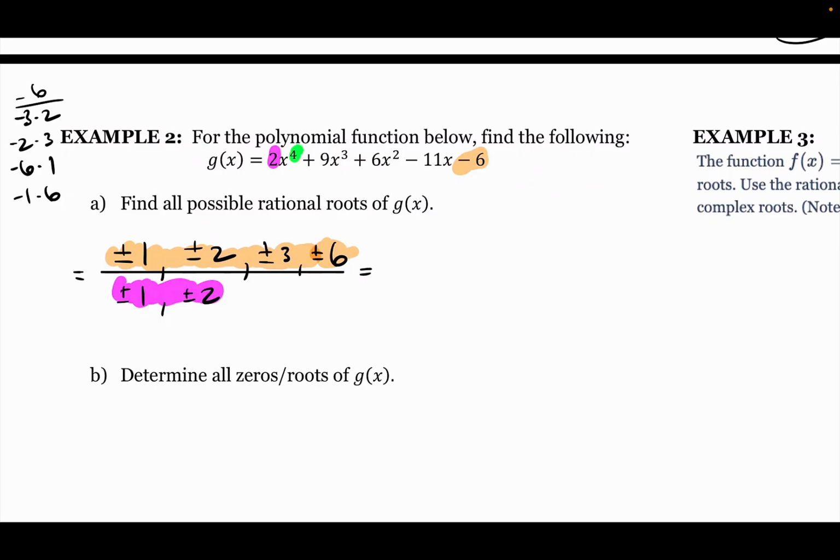Divide everything. Divide all the tops by all the bottoms. So start with 1 divided by 1. Positive or -1? Divide these two guys now. Positive and -2.